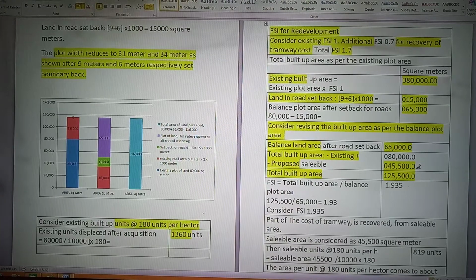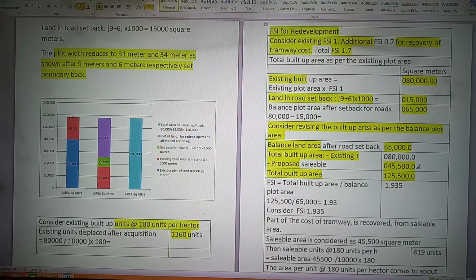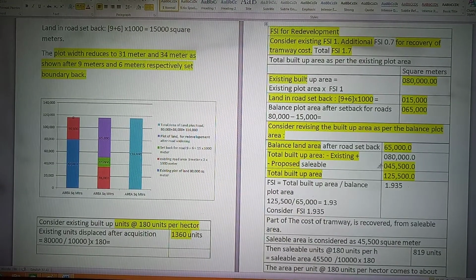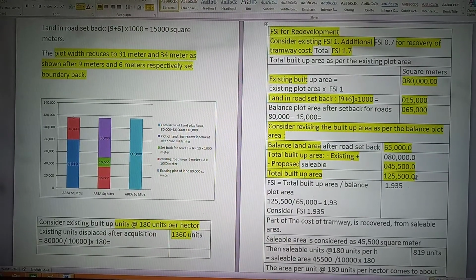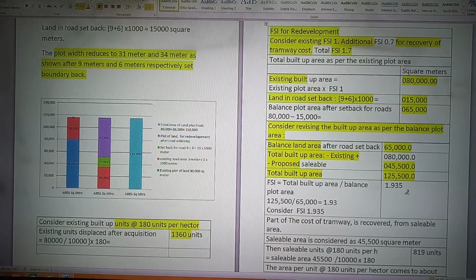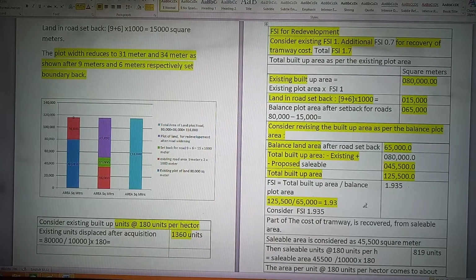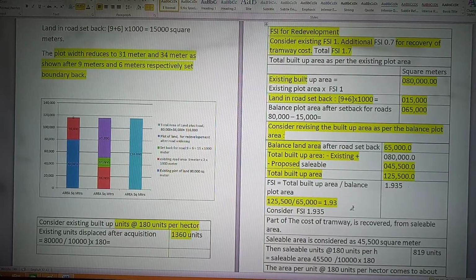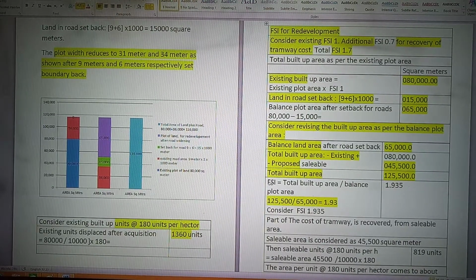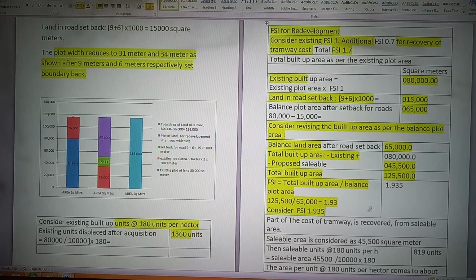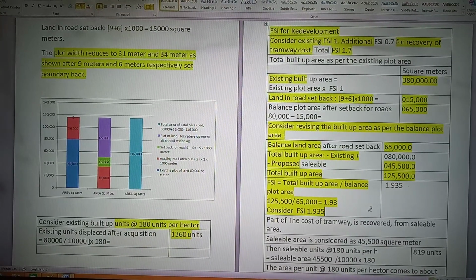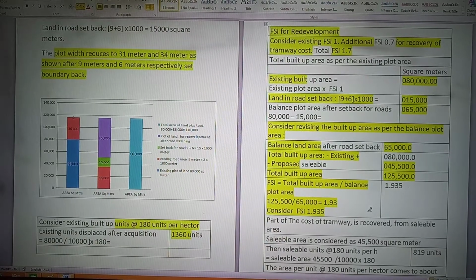So we got 45,500, meaning proposed saleable area 45,500 plus existing comes to 125,500. Now the calculation comes to 1.93, and we have considered the FSI as 1.935.